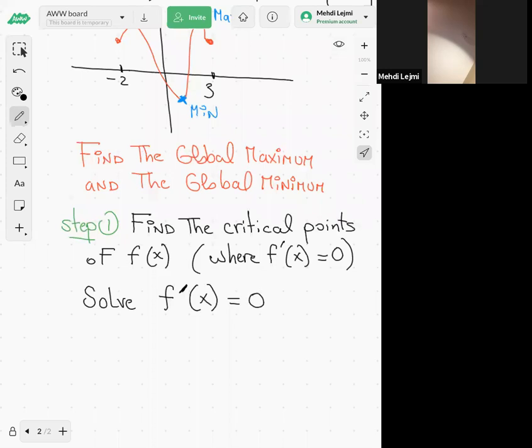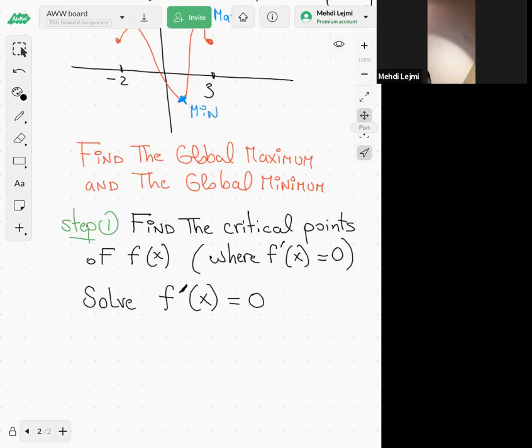But remember, guys, if the derivative is 0 at a, it doesn't mean that your function f is going to have a maximum or minimum at a, right? Finding the critical points is not enough to find the global maximum and global minimum. Remember the example of x cubed: the derivative is 0 at 0, but 0 is neither a maximum nor a minimum, right?